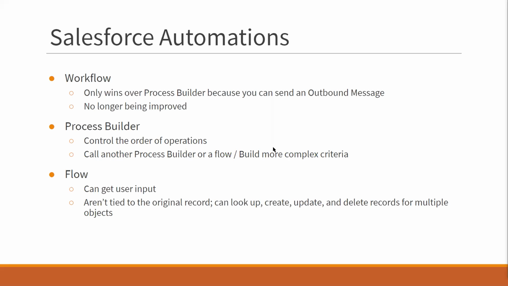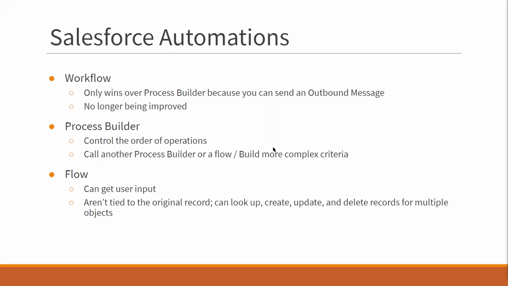You can control your order of operations. If you have 5 workflows, you can't control which one is going to run first. So if a field is being updated, then an email is being sent, you can't control that order, whereas you can with Process Builder. With Process Builder, you have the nodes going down and it's going to run them in order from top to bottom.